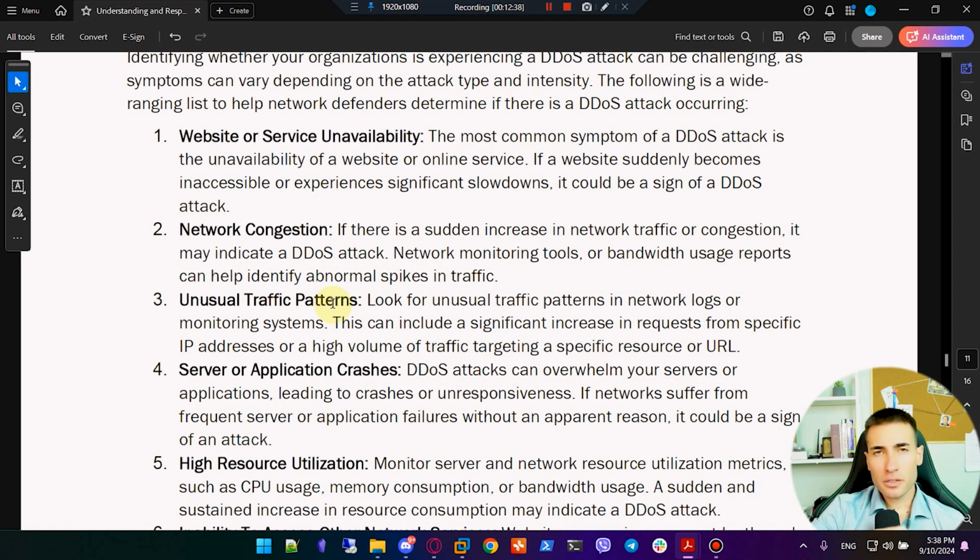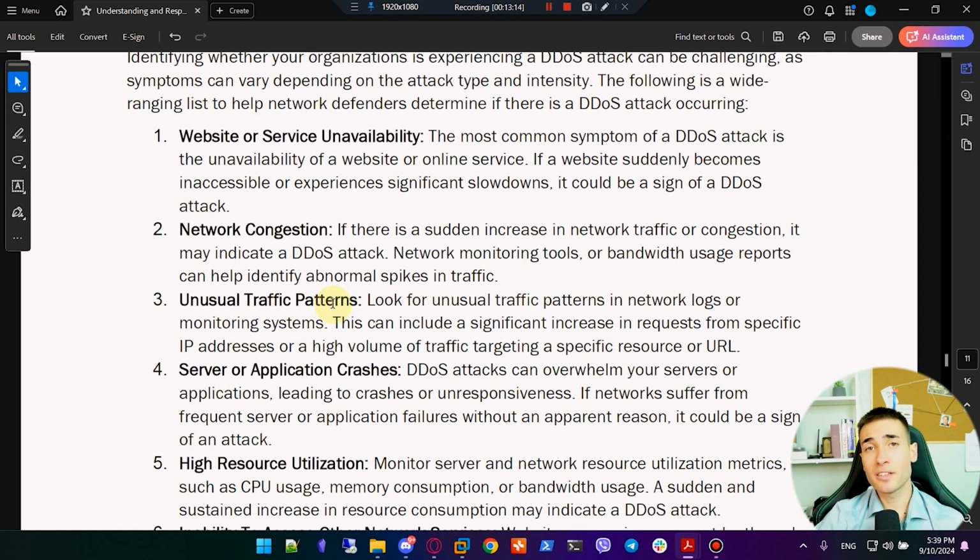So the first one is if you notice slowdown on your website, or if you're noticing that you're losing connection to specific services, or if you notice anomalies in the traffic, or let's say that you have a specific client IP that is creating massive traffic to your server through the web application. So this is very weird, and you have to investigate further to discover that, all right, this is actually a denial of service attack happening right now. You have to identify it.